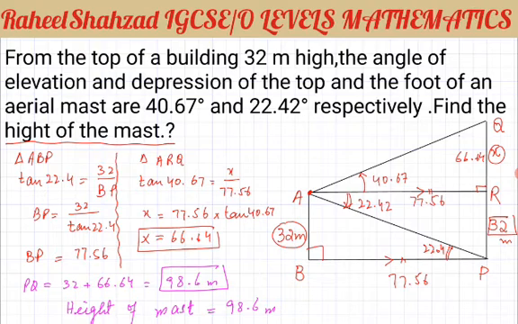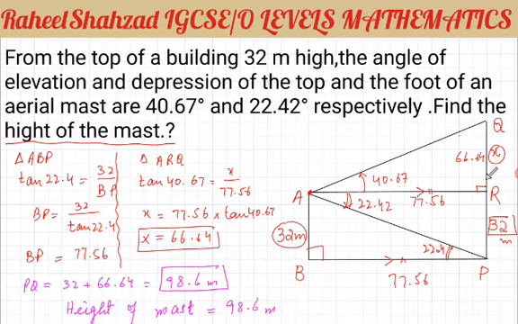Find the height of the mast. This is the building, that is 32 meter high, and this is the mast, okay? From top of this building we observe angle of elevation, that is 40.6, and angle of depression, that is 22.4, right? First of all, this is 32, obviously this is going to be 32.